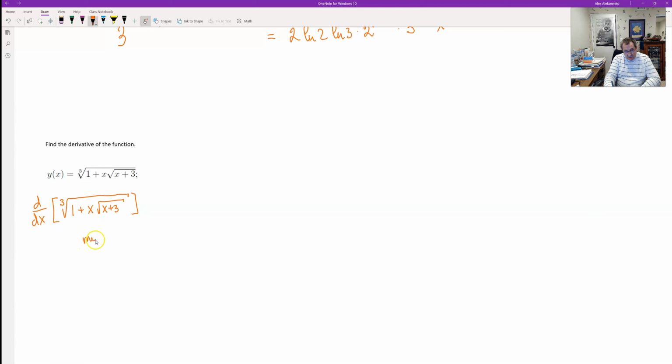The most outside function is cube root. The derivative of cube root is 1/3 quantity raised to the exponent of -2/3. And inside the quantity goes 1 plus x multiplied by square root of x plus 3.